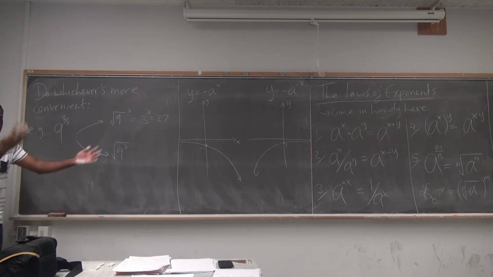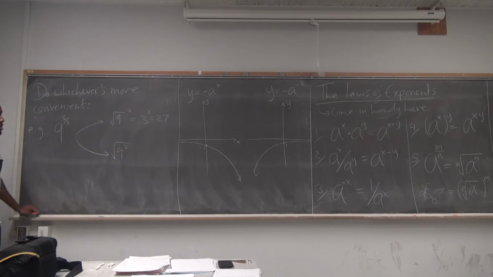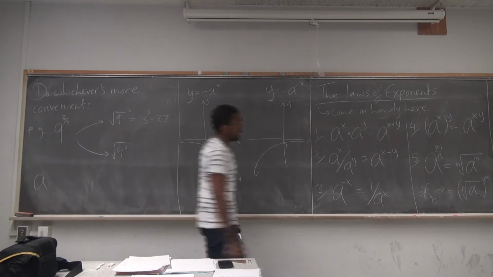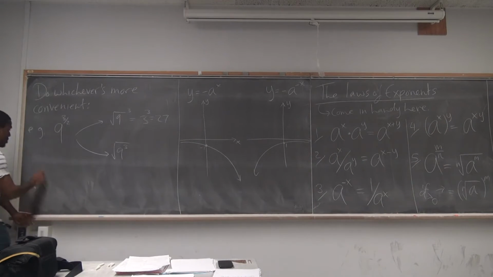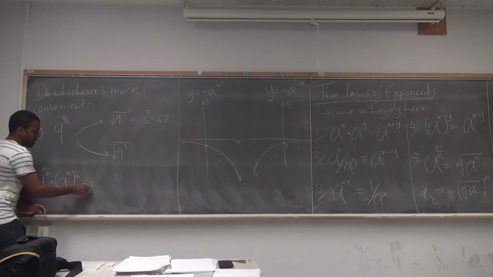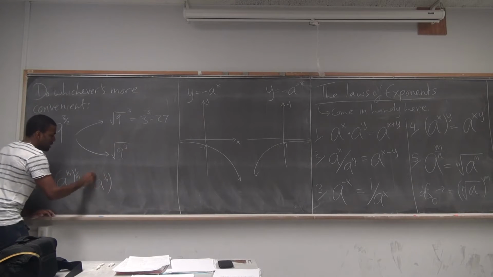And I can choose which one I'm going to do in general. The reason I can choose is because of the multiplication of powers. So I can think of a to the m over n as a to the m times 1 over n, where the exponents multiply, or as a to the 1 over n and then raised to the m.